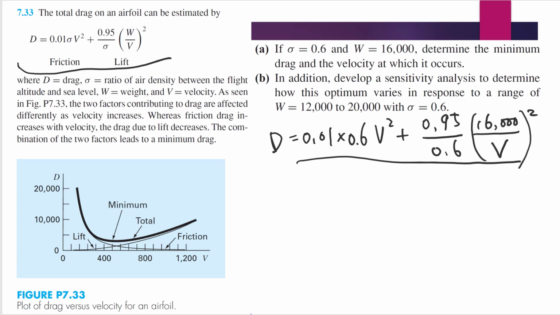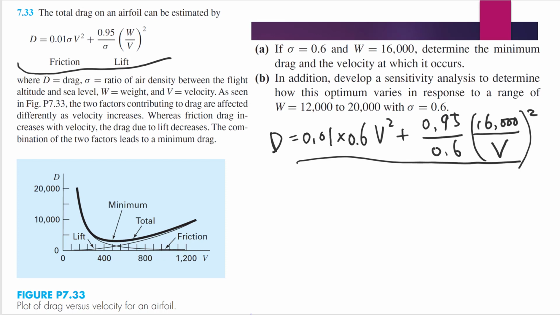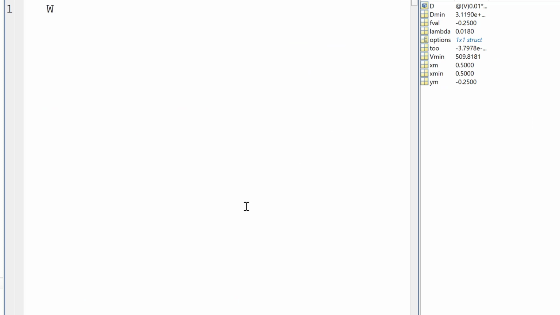We can create a vector W from 12,000 to 20,000 with an interval, for example, 1,000, and sigma is a fixed constant 0.6.